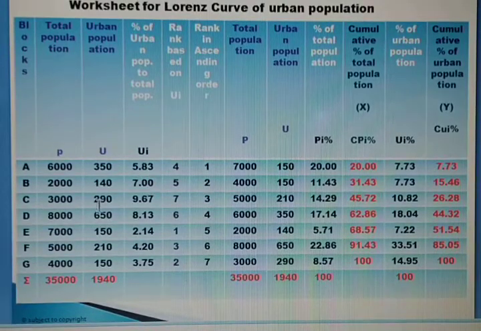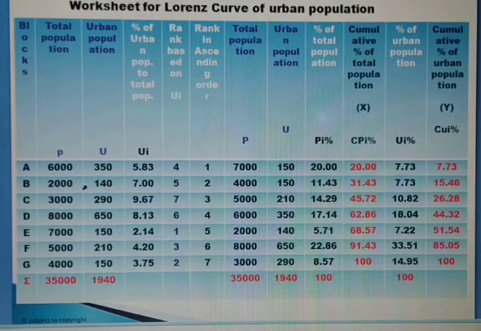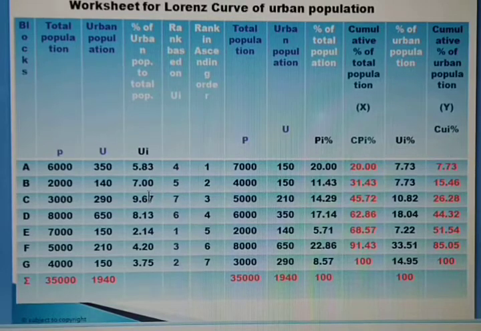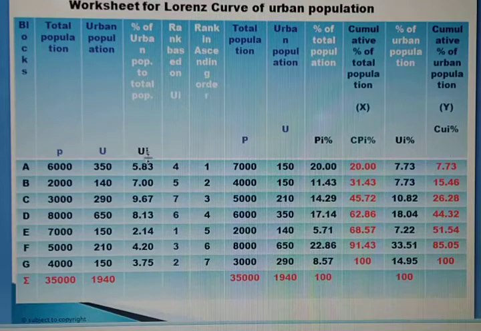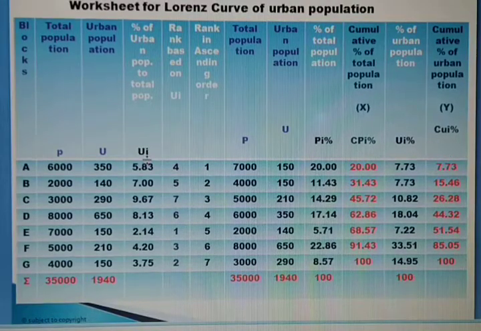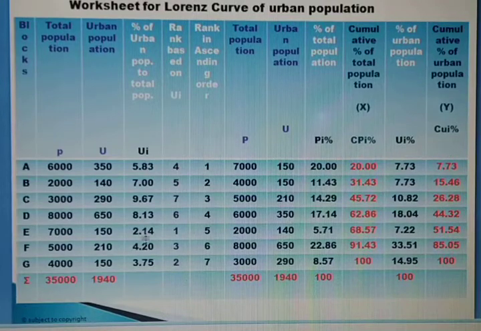The next calculation is 140 divided by 2,000 times 100, and you will get 7.00. In this way you have to find all these values. This column represents the percentage of urban population to total population. Now on the basis of this percentage you have to rank the values.